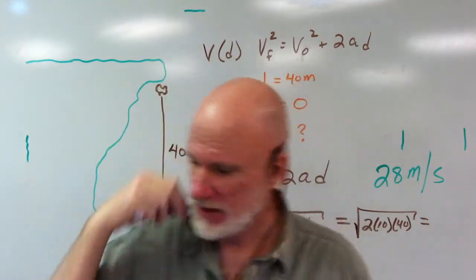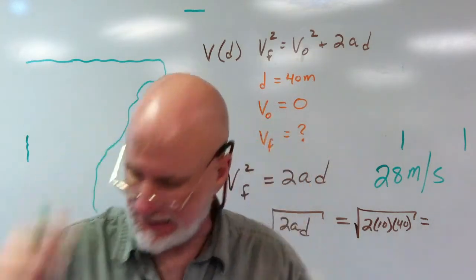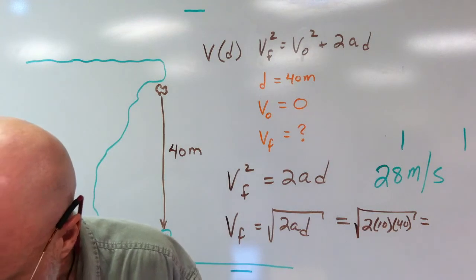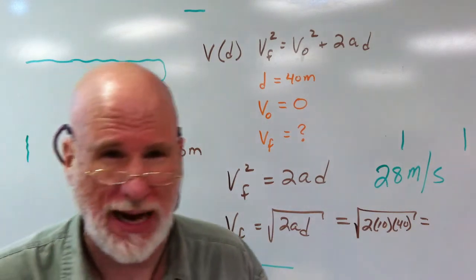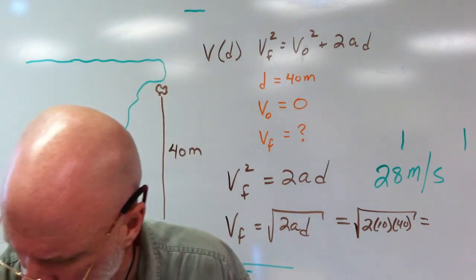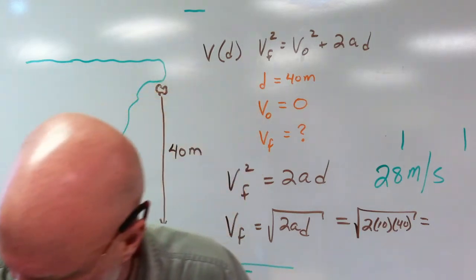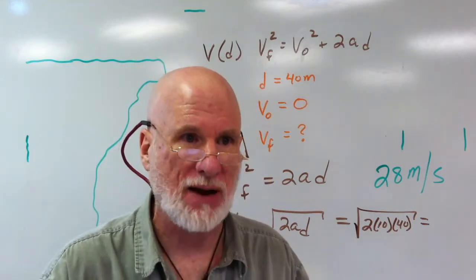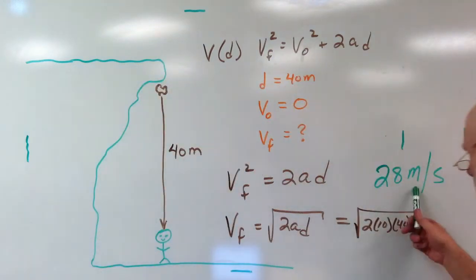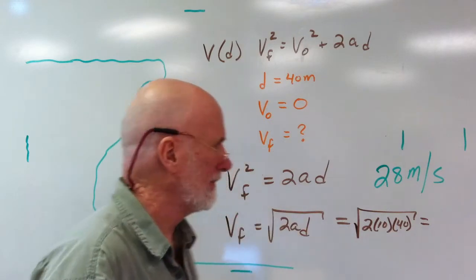Pretty fast. It says in the problem, I need my glasses, how does this speed compare to that of a car traveling down a highway at a speed of 25 meters per second, which is about 60 miles an hour?